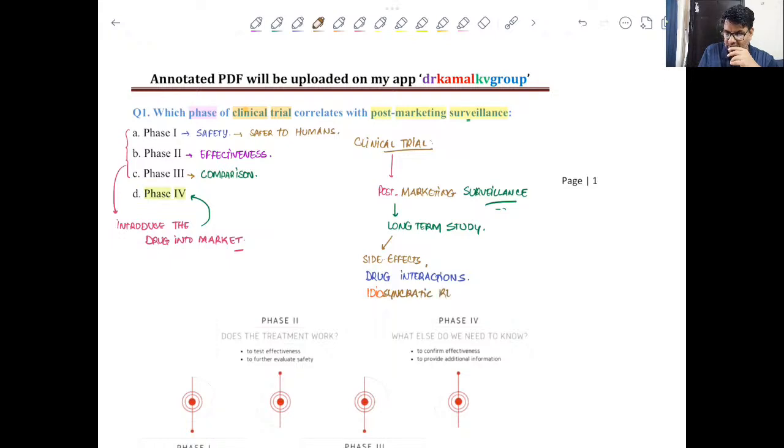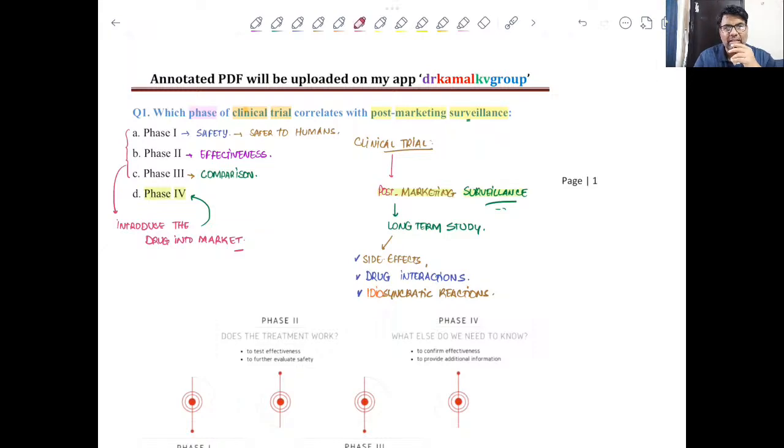Clear? So this is what we study in post marketing surveillance, which is phase 4 of a clinical trial. So which phase correlates with post marketing surveillance? It is phase 4, where we study the side effects, the drug interactions and some idiosyncratic reactions.